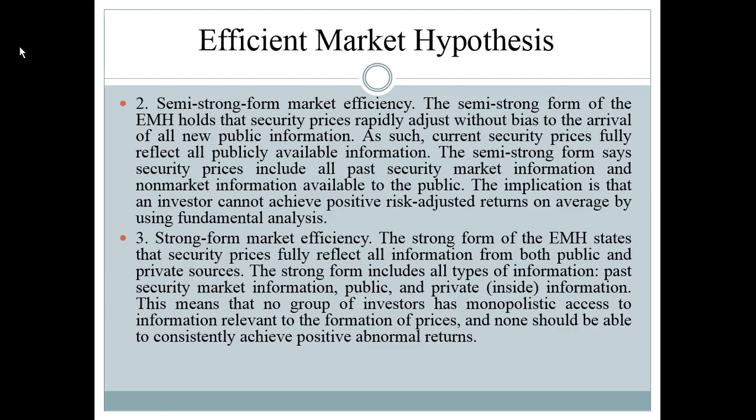Okay, so all information that is there is all reflected in the prices of the securities. So the implication is that an investor cannot achieve positive adjusted returns on average by using fundamental analysis.